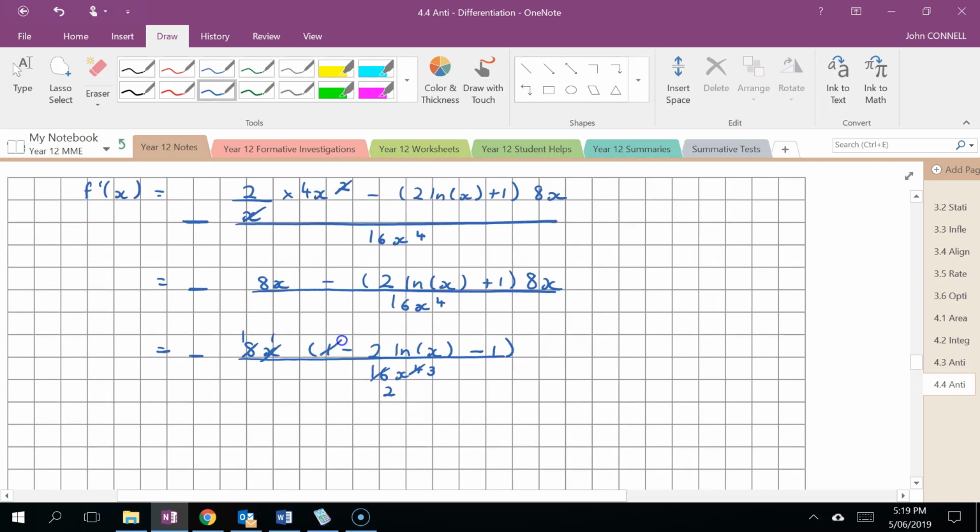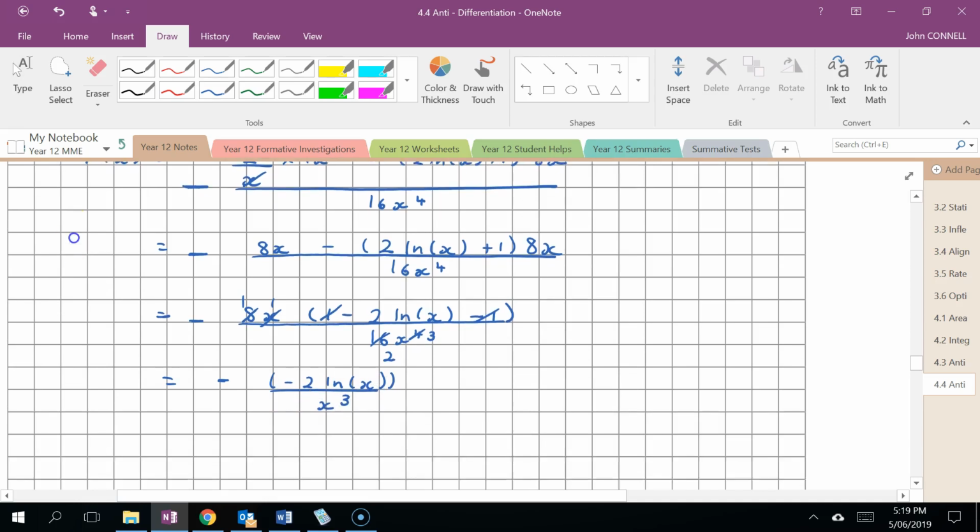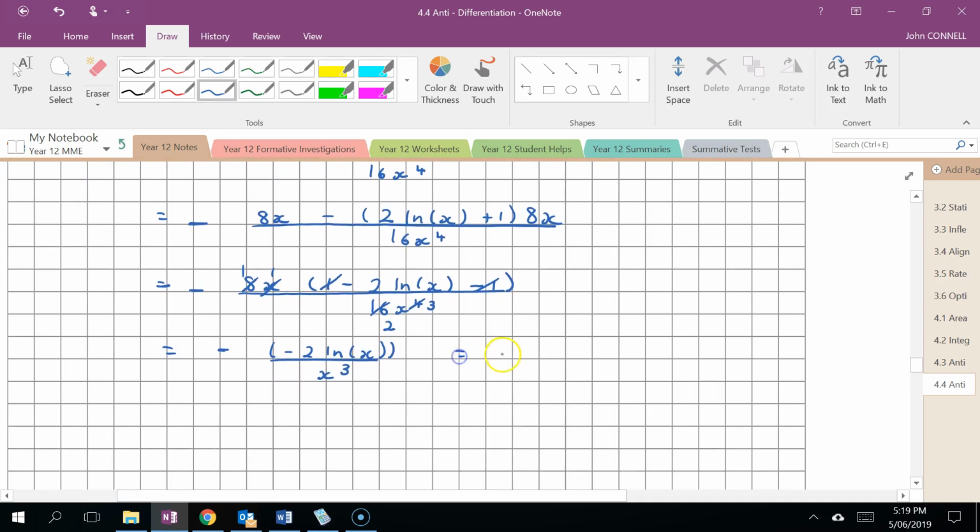And this is also going to be 1 take 1, so that's all going to cancel, and we're going to get negative out the front of negative 2 ln x over x cubed, and then the double negative will just cancel to make a positive, so we get 2 ln x on x cubed, or rather 2x cubed, and then the 2's cancel to give us ln x on x cubed.